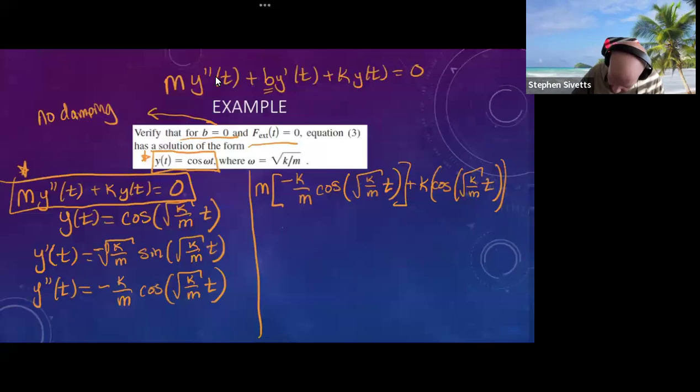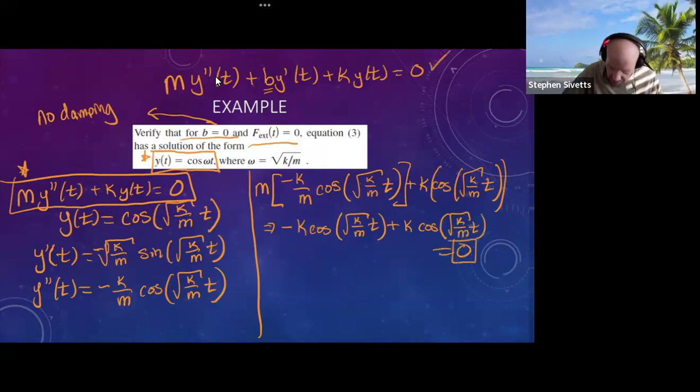So we'll have minus k times cosine of the square root of k over m times t plus k times cosine of the square root of k over m times t is zero. So this function, y of t equals cosine of the square root of k over m times t, is a valid solution for the differential equation indicated right here.